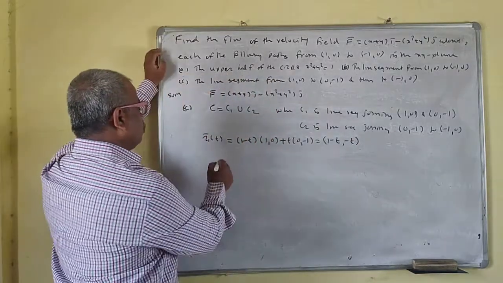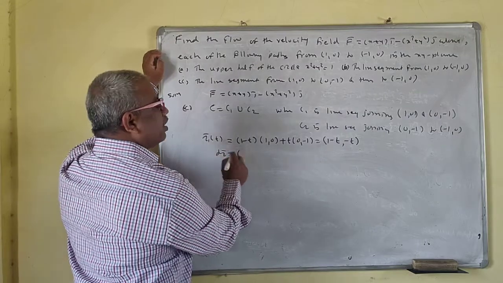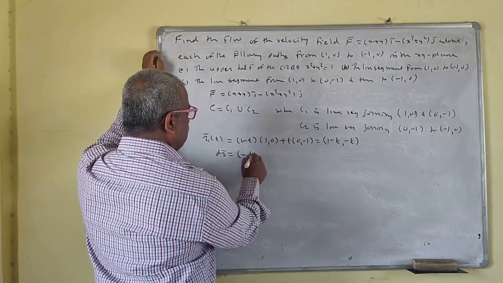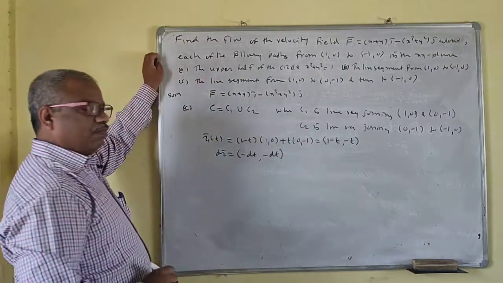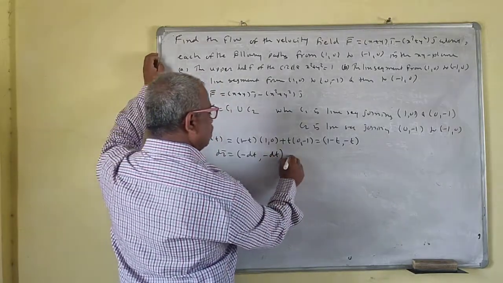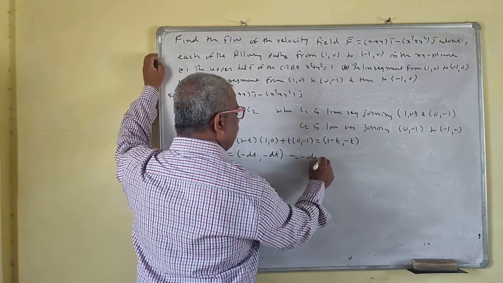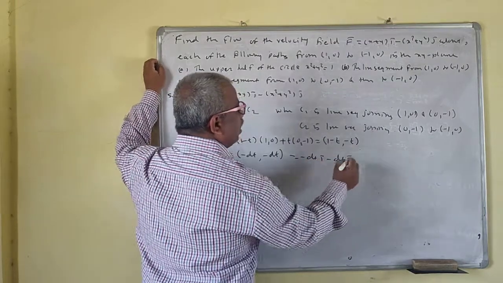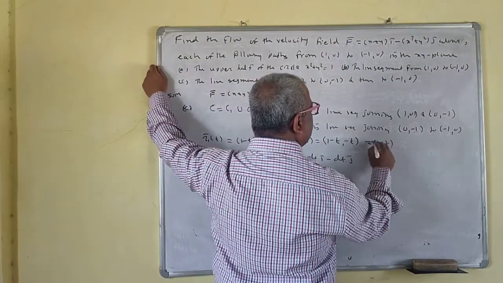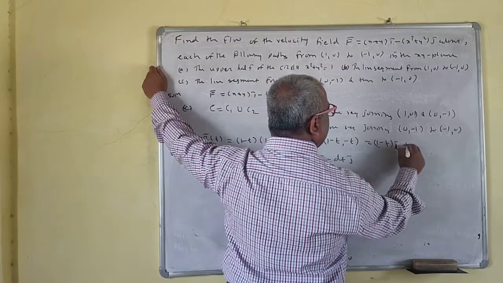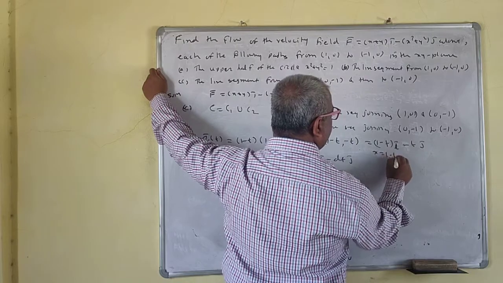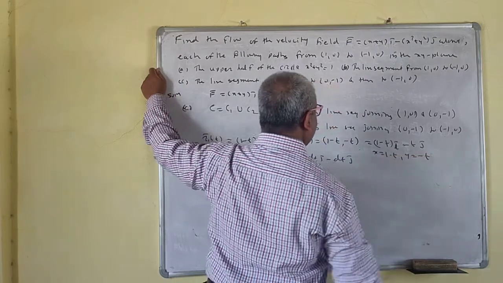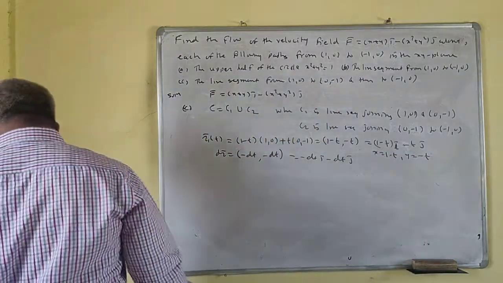Okay, so dr bar is minus dt i bar minus dt j bar. And this is 1 minus t i bar plus minus t j bar. Okay, so x is equal to 1 minus t, y is equal to minus t.